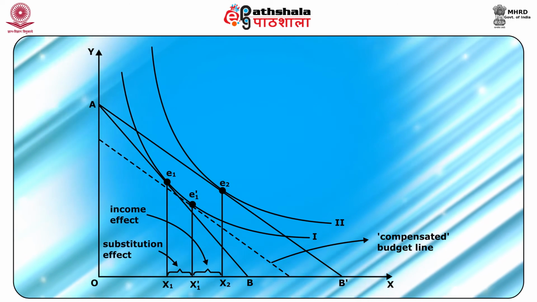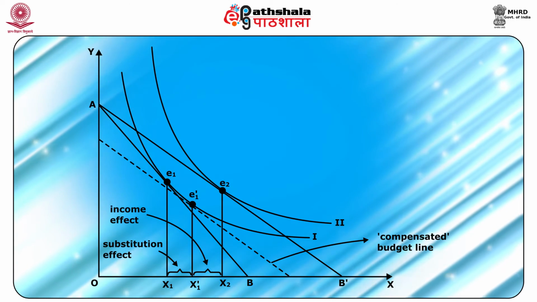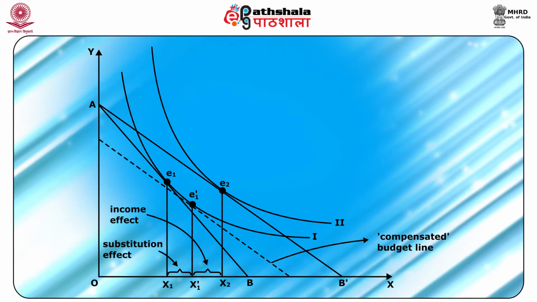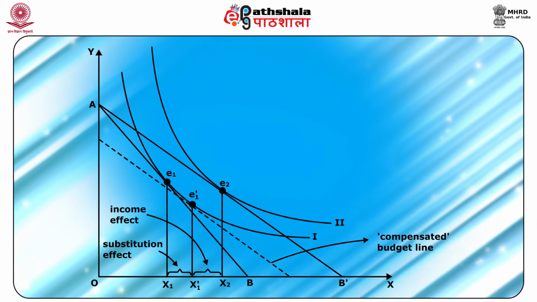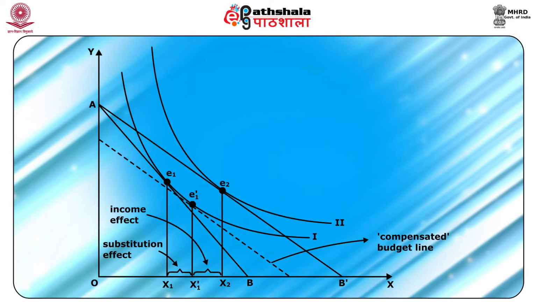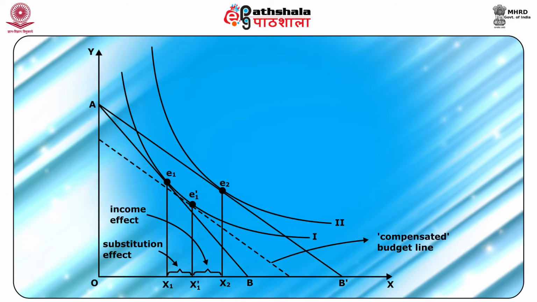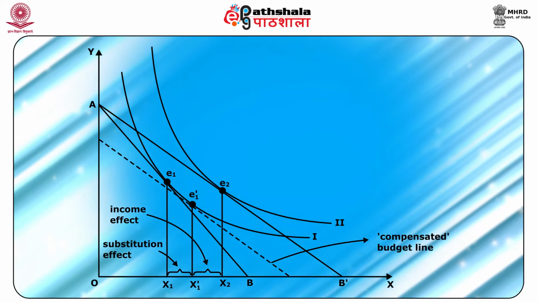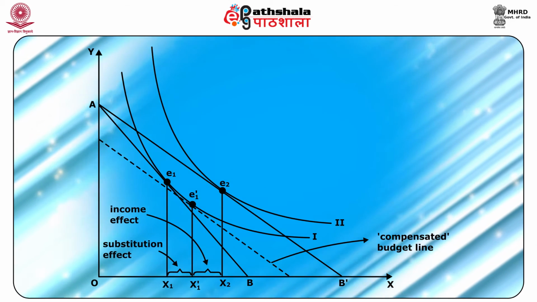Therefore, because x is now cheaper, the consumer would like to shift away from E1 to E1 prime, and at E1 prime the consumption of x increases from x1 to x1 prime.